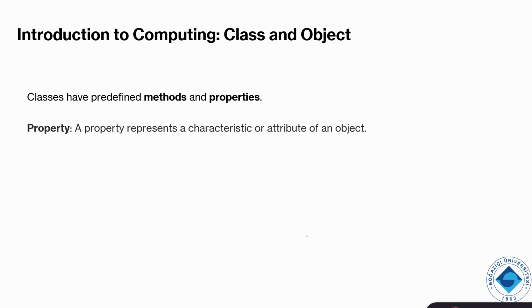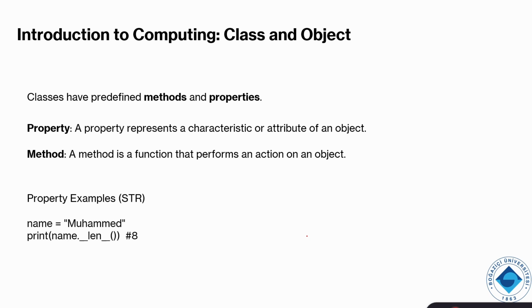Likewise, we have properties and methods for string. For example, here you can see one property. Let's say name equals Muhammed, and if we try to print len of name, it will return the number of letters inside the name: 1, 2, 3, 4, 5, 6, 7, 8, right?